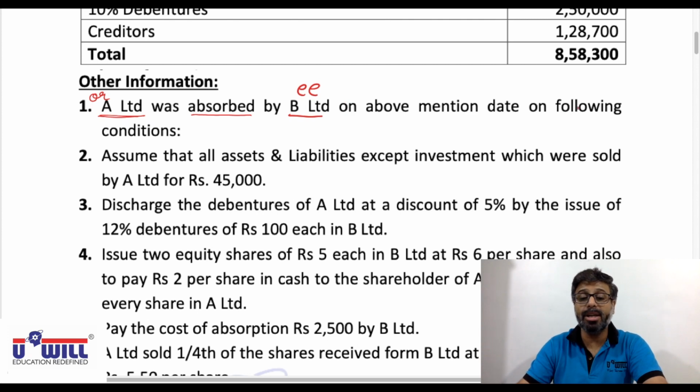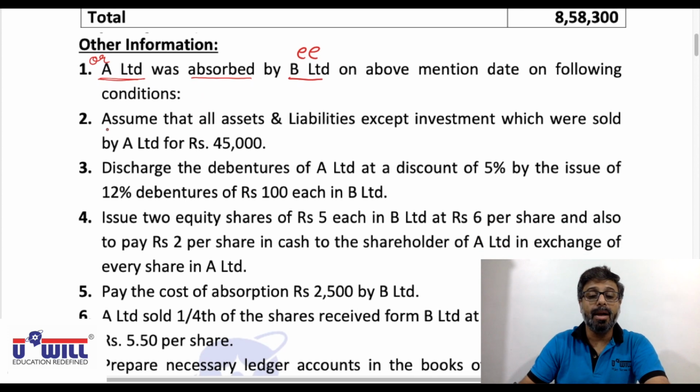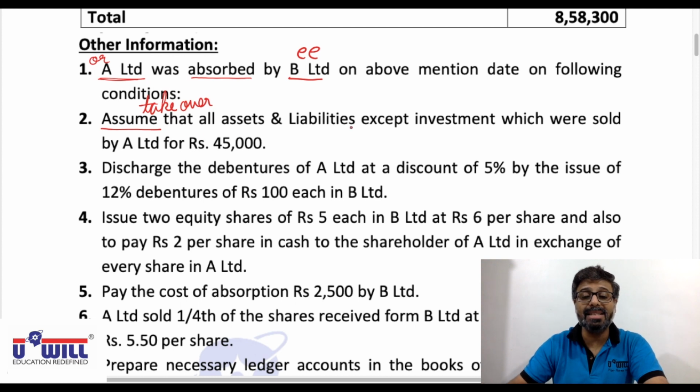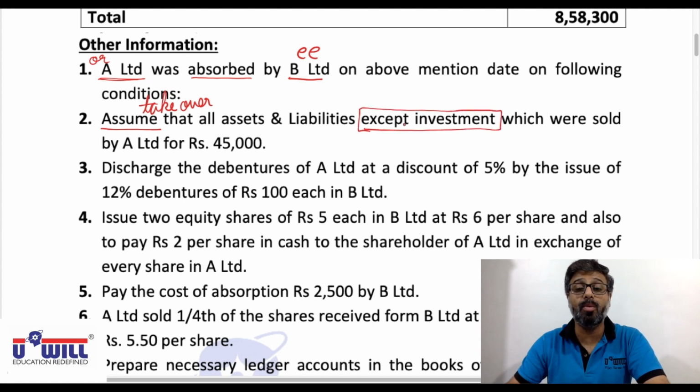On the above mentioned date, on the following condition: assume means take over. Okay, assume means take over. Assume that all assets and liabilities, so take over all assets and liabilities except investment. Circle that. So the investment asset is not taken over.